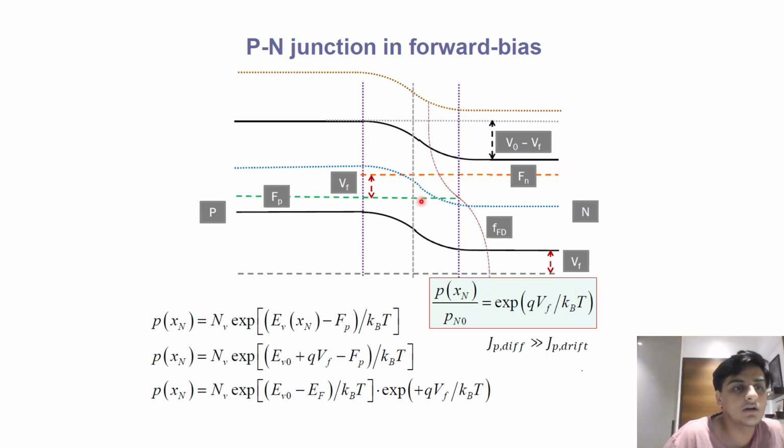Of course, we are not talking about the depletion region, but beyond the depletion region, when holes actually diffuse into the right. So overall, your bias is going to raise the concentration beyond the thermal equilibrium level, which means the Fermi level can no longer be used in its original form to analyze this carrier concentration.